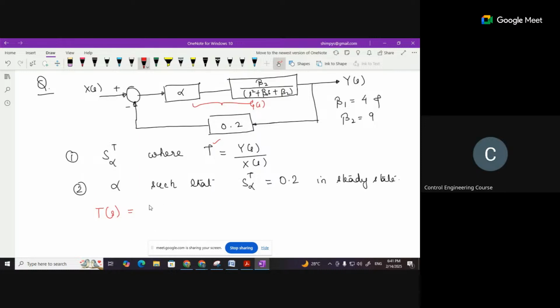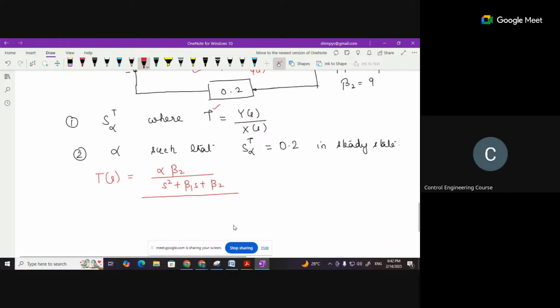Correct. So I can write this as alpha into beta 2 divided by s square plus beta 1s plus beta 2, whole divided by 1 plus alpha beta 2 divided by s square plus beta 1s plus beta 2, multiplied by 0.2.